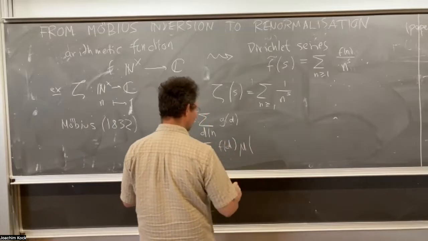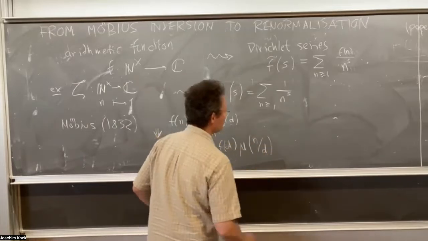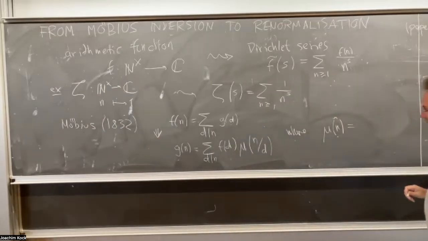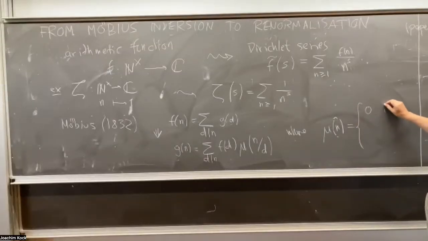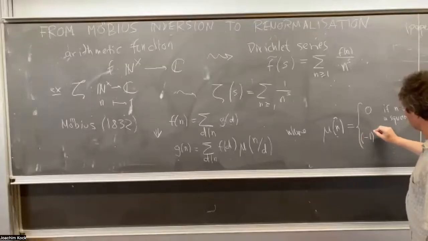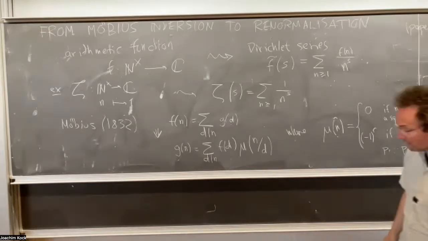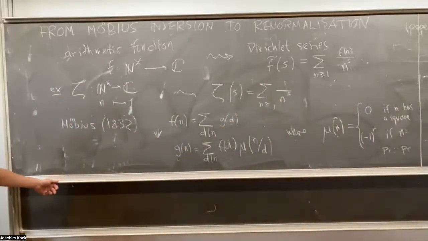But here comes the Möbius function, where the Möbius function is 0 if n has a square, so a prime factor occurring more than once, or otherwise it's (-1)^r if n is equal to a product of r distinct primes. No repetition, because then we would be in this case. So that's Möbius inversion for arithmetic functions.